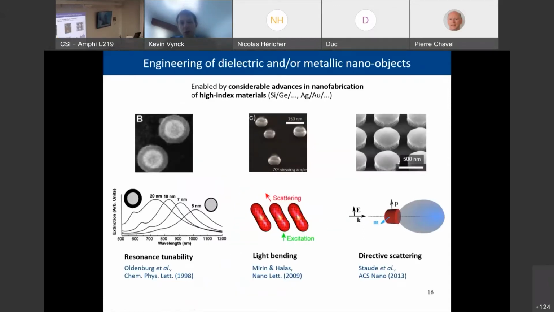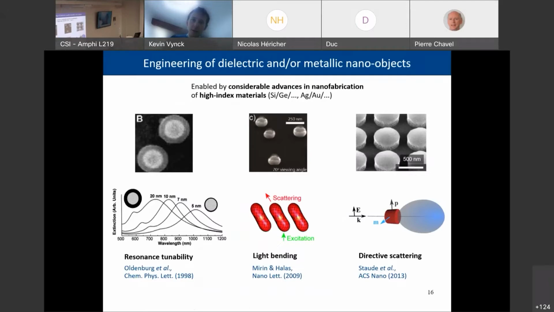Now, this is just for a simple dielectric sphere, but in the past 2 or 3 decades, there have been considerable advances in nanofabrication of high-index materials, using either top-down techniques like e-beam lithography or bottom-up techniques like colloidal chemistry, for instance.